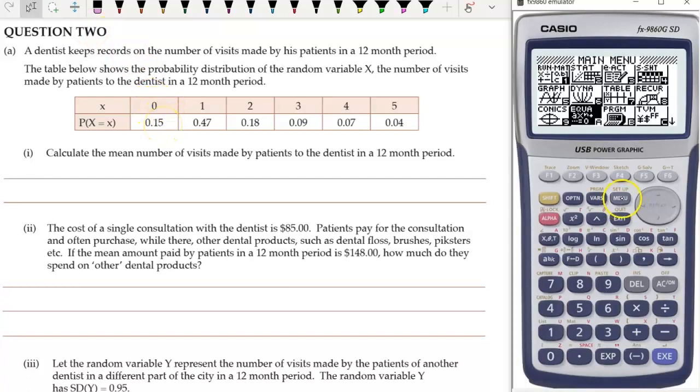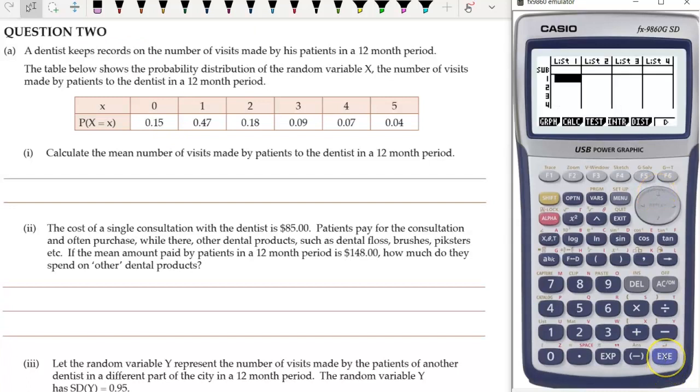Now I'm going to show you actually how to do this as you can pop this into your calculator as a table, and sometimes that can save us a bit of time later on. So we're going to go 0, 1, 2, 3, 4, and 5, and in list number 2 we want to put the probabilities.